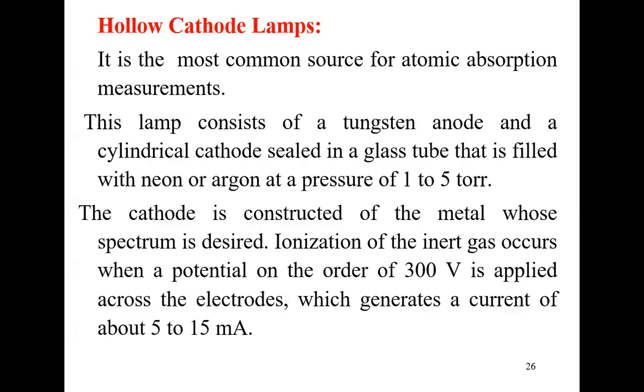The cathode is constructed of the metal whose spectrum is desired. So if it is lead, then the cathode has to be made of lead. Typically, that's what we have been doing, those of you who have done the experiment, those of you who are going to do the experiment today. So the ionization, notice the process through which people thought about this from 1955. Remember, it hasn't changed much.